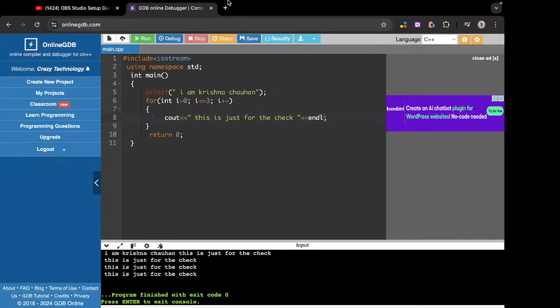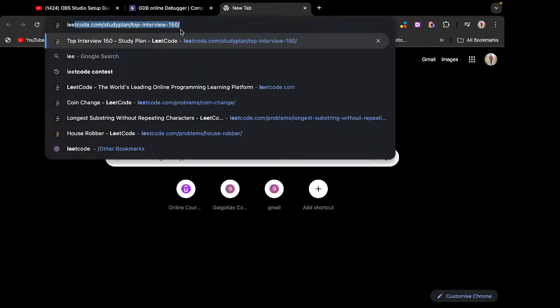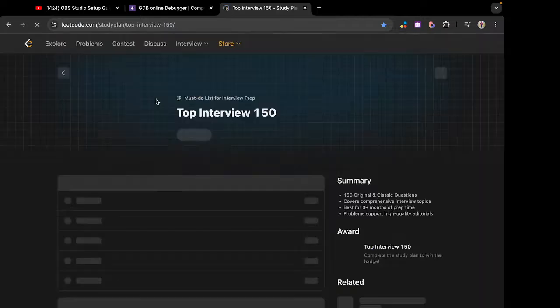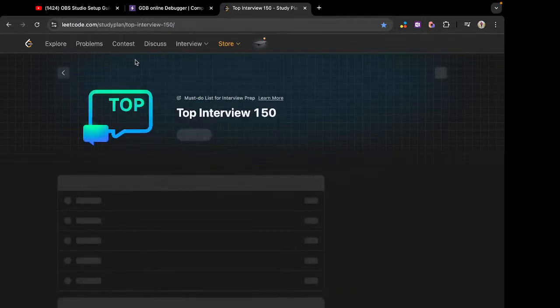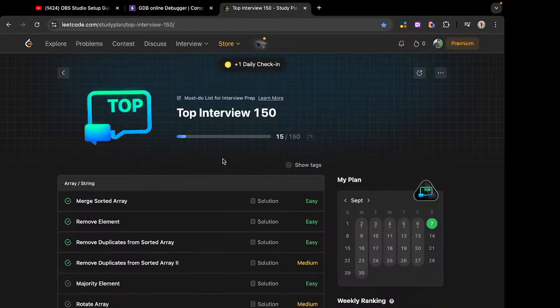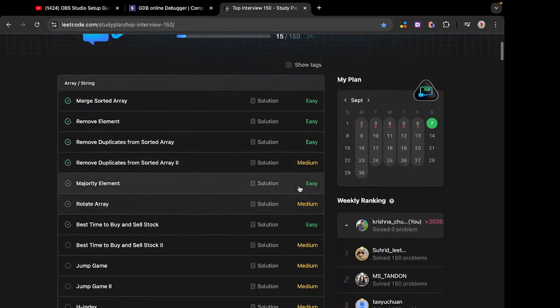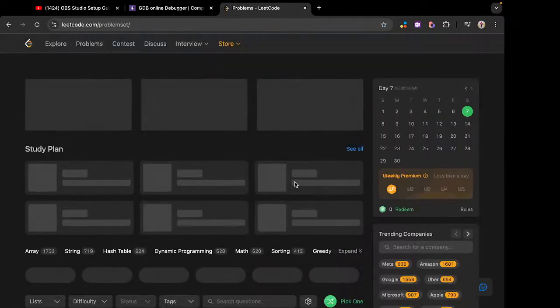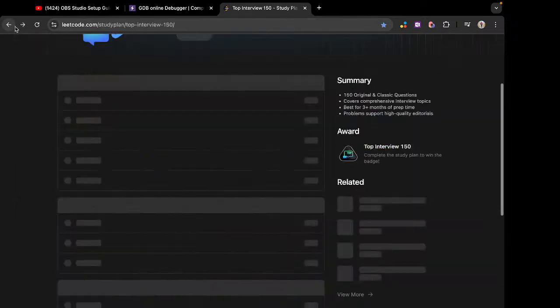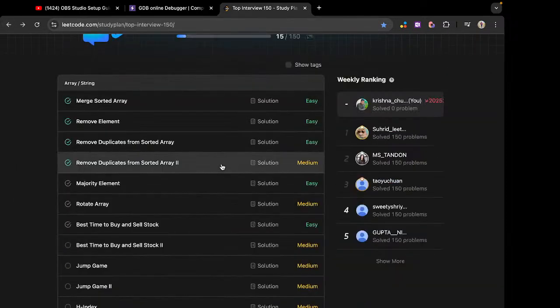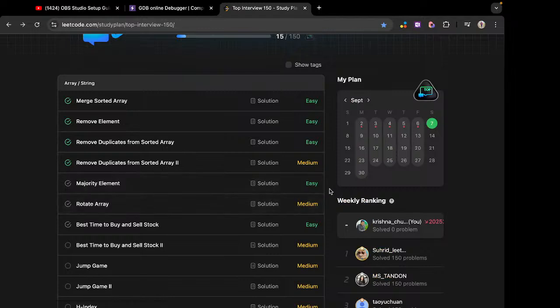Let me solve a question. Which question? Let's say if we go to LeetCode and not here. Majority element. I have already solved it. Why is it not marked here?